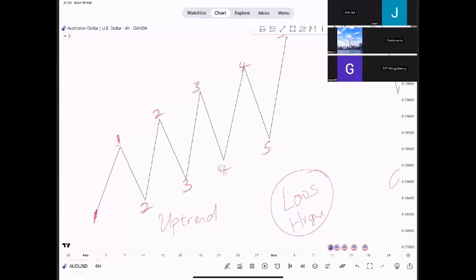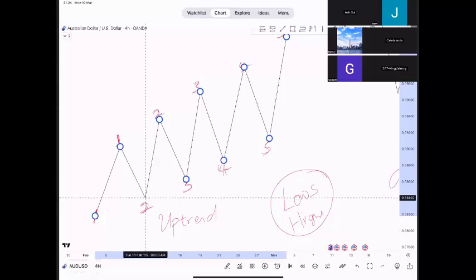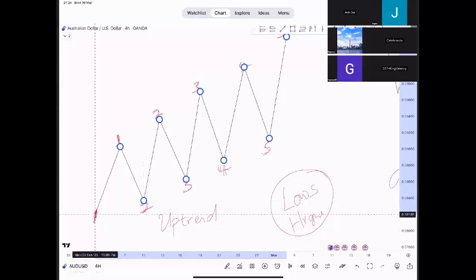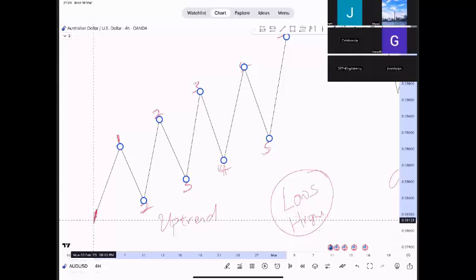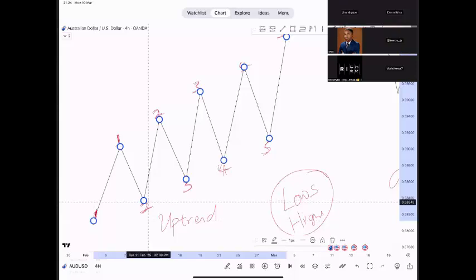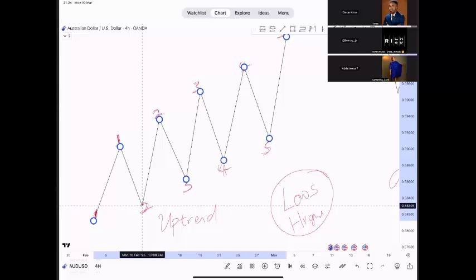But in this case, low 2 is higher than low 1. This is low 1 here, and low 1 is lower than low 2, which means low 2 in this case is higher than low 1.